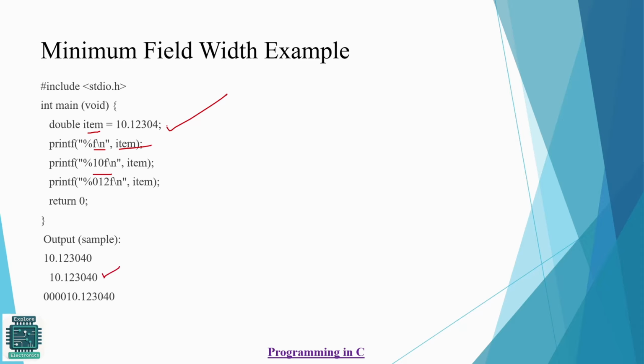And here percentage 012f, where f is floating point, right? Then backslash n after item because it has to print the value on the next line. So for each line we added backslash n. Okay, 0 and 12, so 0 is added first, then 1, 0. Here you can count the number also: 12 digits are present. And this is an example for minimum field width.